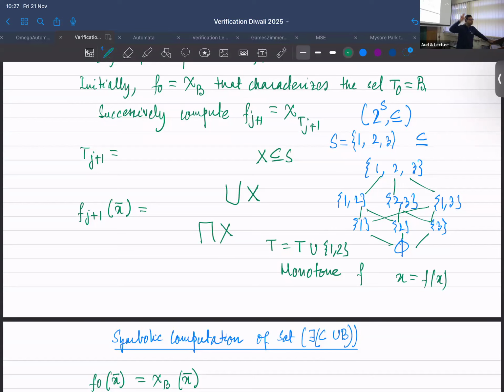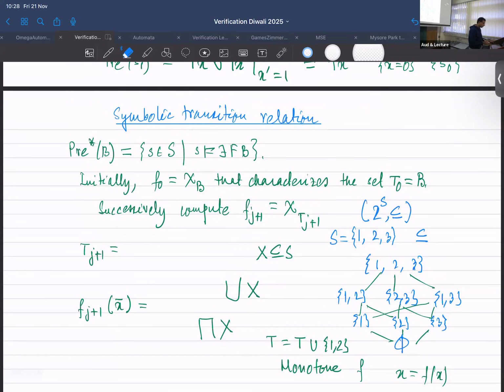We had those equations for the until formulas, and we said that this is the least such set which satisfies this equation, or the greatest such set satisfying this equation. So sometimes the greatest solution, sometimes the least solution is more interesting. In the case of bisimulation, you can think of which one we are trying to get.